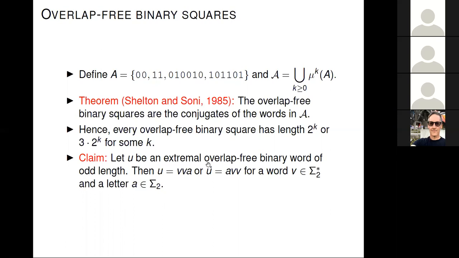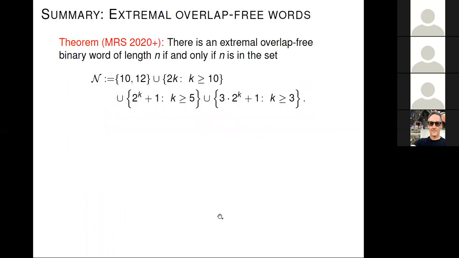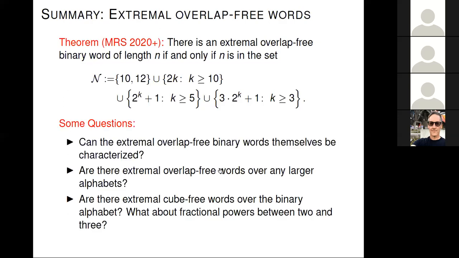Those are the key tools. So once you have that kind of structure for the extremal overlap-free binary words of odd length, it's not too hard to construct them. So that finishes off this theorem that characterizes the lengths of extremal overlap-free binary words.